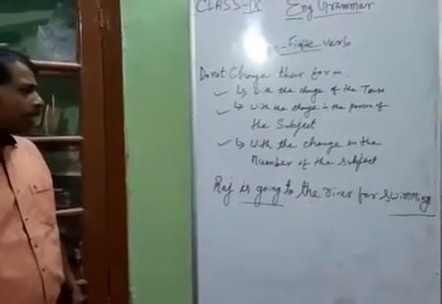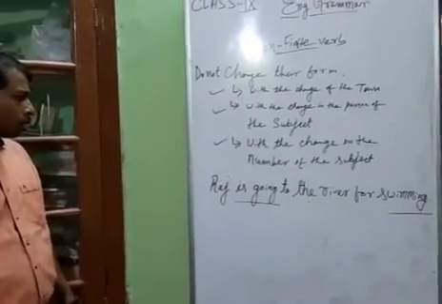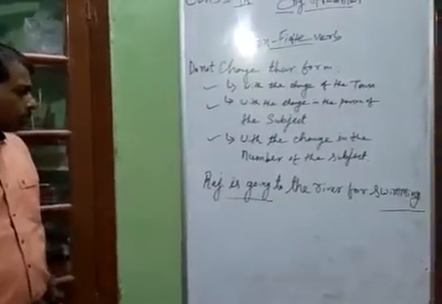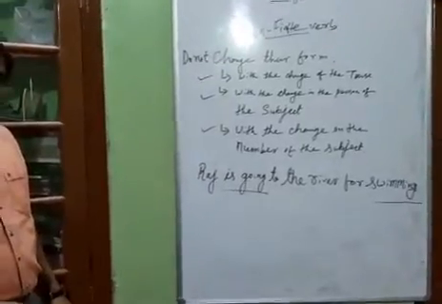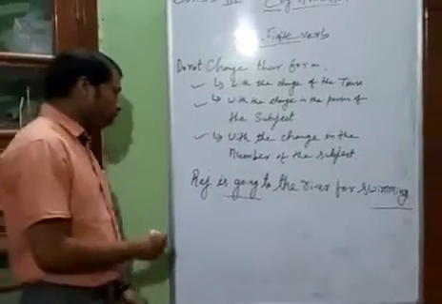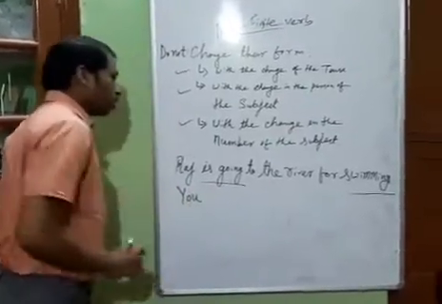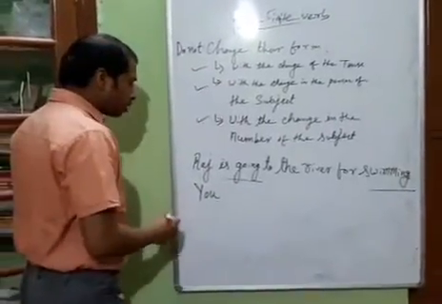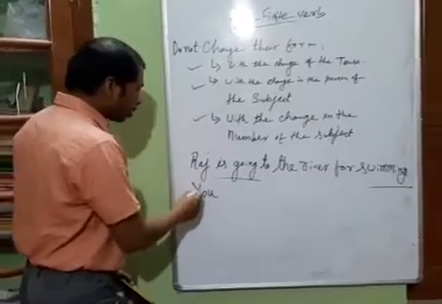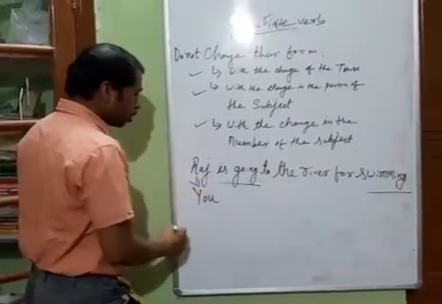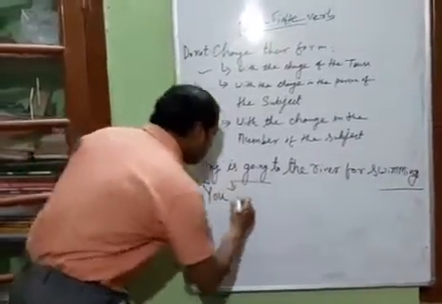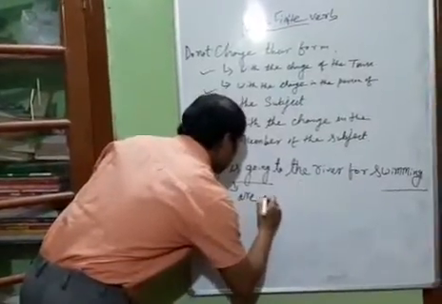Now let us change Raj and make it second person. Then the second person is you. Immediately what happens? As I change Raj to you, immediately is will change into are.